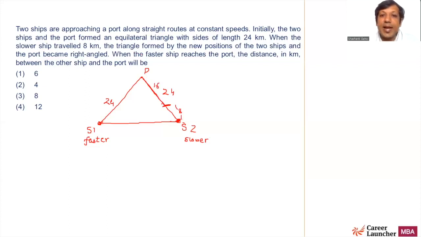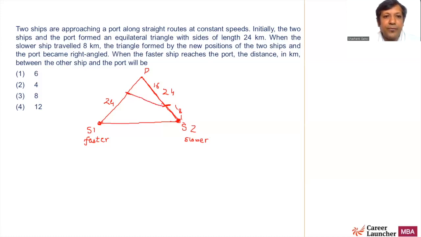Now it says the triangle formed by the new positions of the 2 ships becomes a right angle triangle. So if this ship is traveling 8, this ship is faster, so definitely it is going to travel a little more. Let's say it is reaching somewhere here.